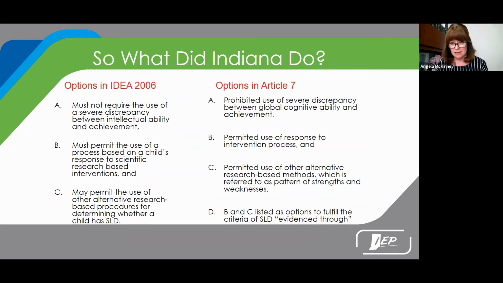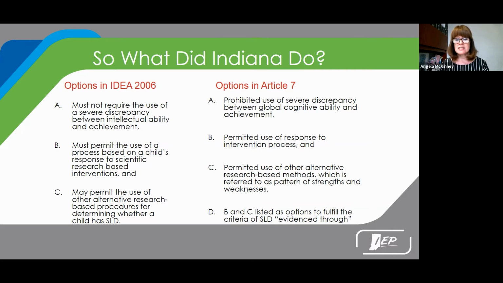So here's what we did in Indiana. You know, we have to sometimes be a little difficult when we go to write our own regulations. We said, forget discrepancy. We are done with discrepancy. It did say that we permit the RTI or insufficient progress kind of model.